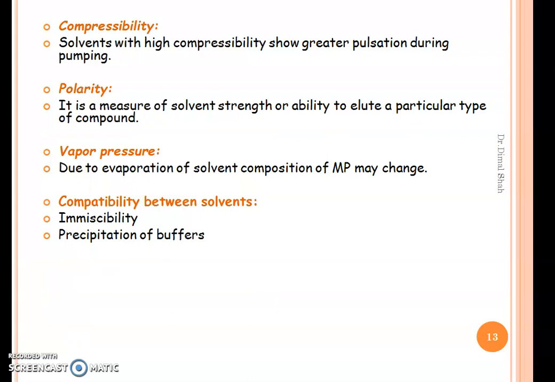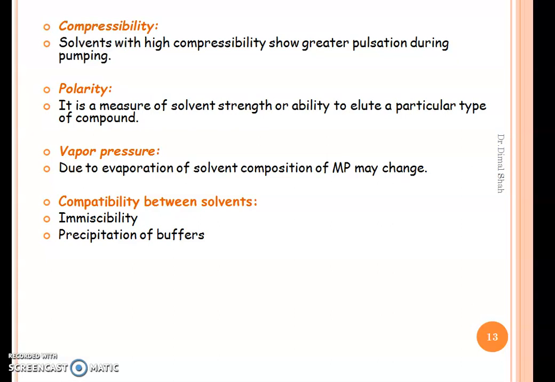Another factor is compressibility. Solvents with high compressibility show greater pulsation during pumping. In HPLC, we need a pulseless flow rate so that we can get a reproducible result.